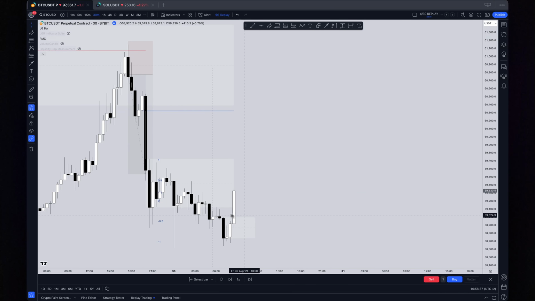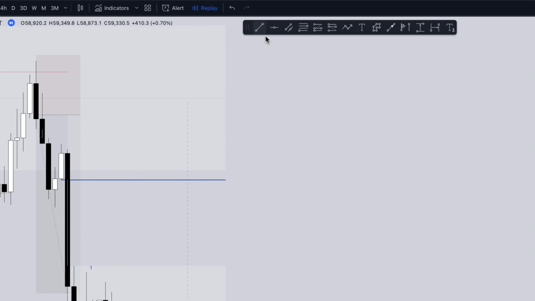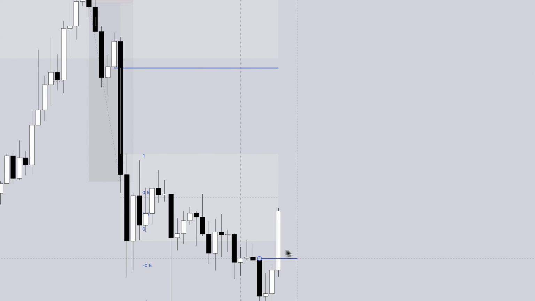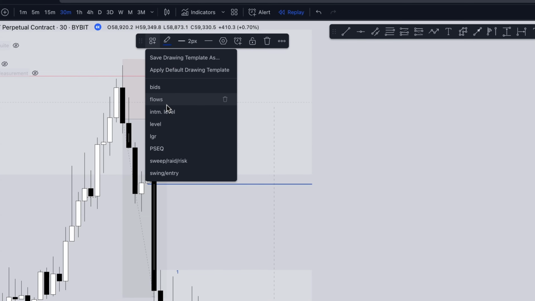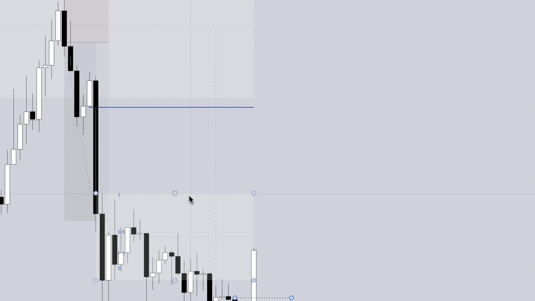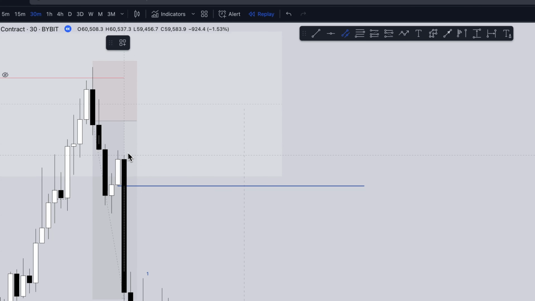Okay. Have to mark this. That's our LGCR. There's nothing in between. So then it's just this and this level.